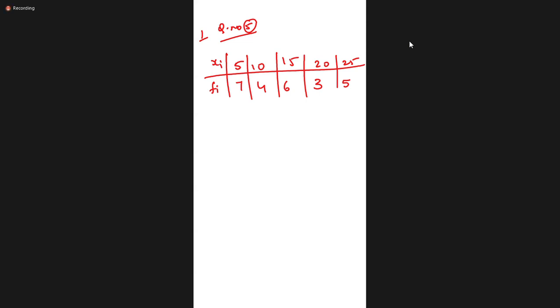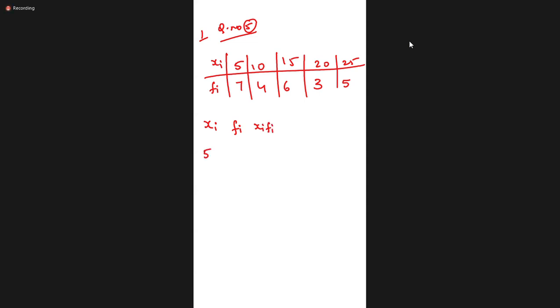So let us start solving next type question. First, we have to find out mean here. So we have to prepare a table like this: xi, fi, xi fi.